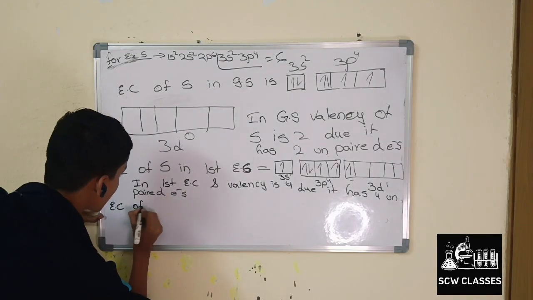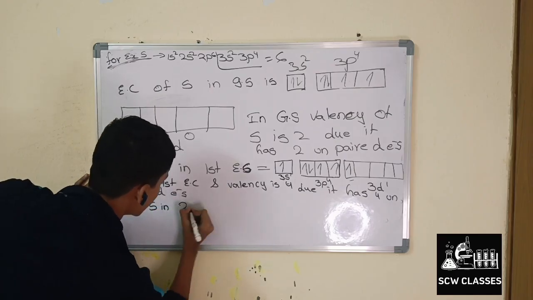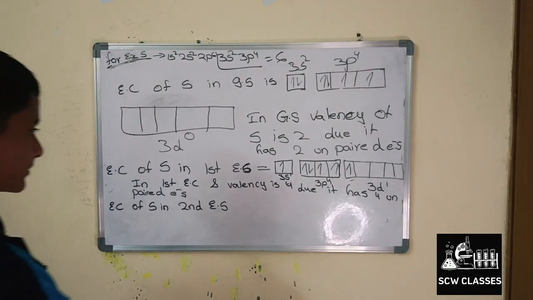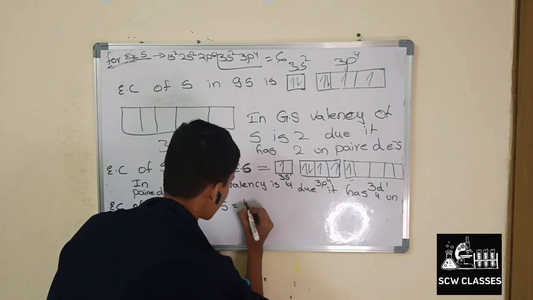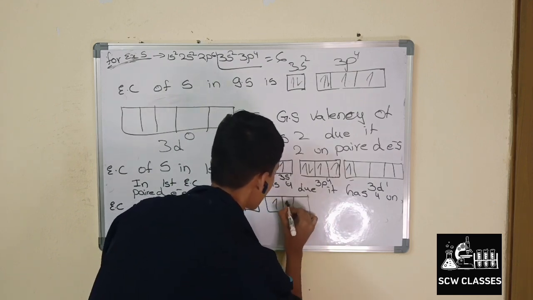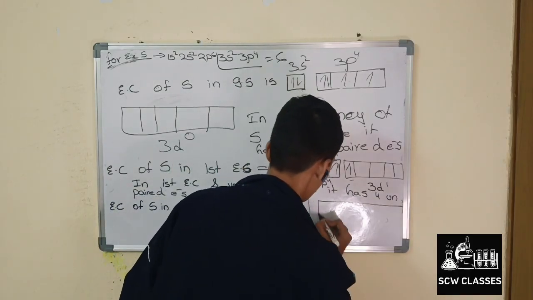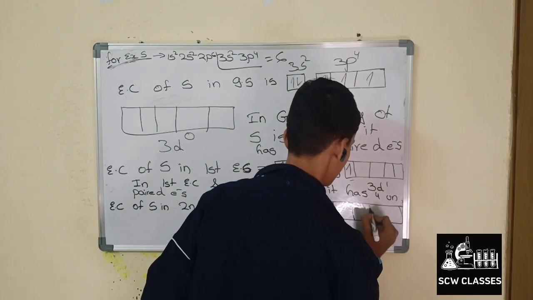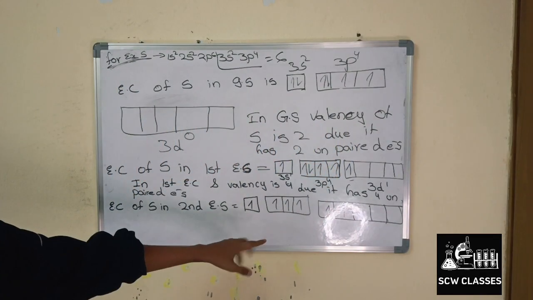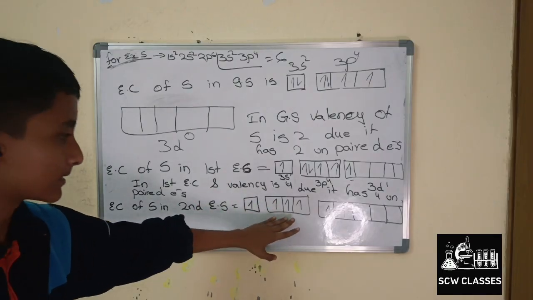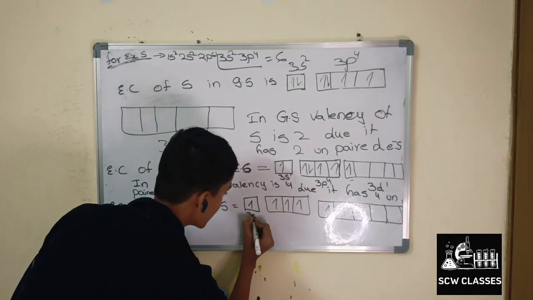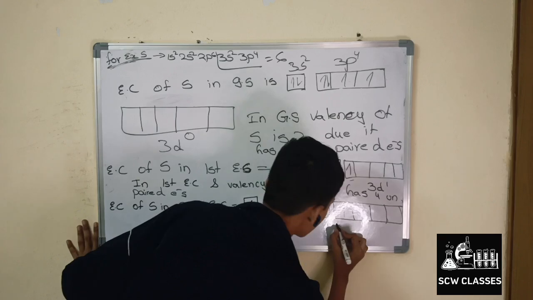Now here we transport one electron from P to D: 3s1, 3p3, 3d2.